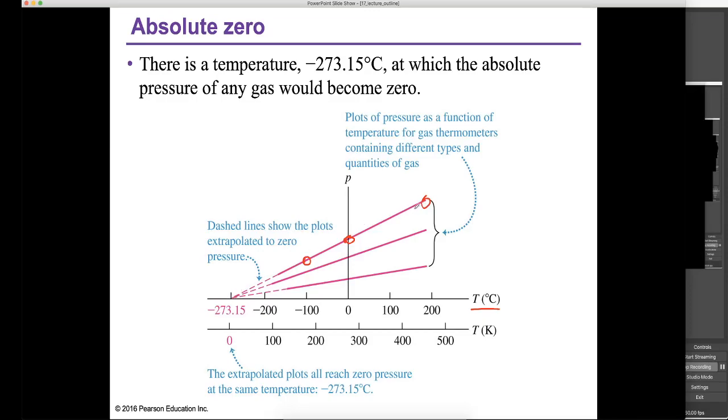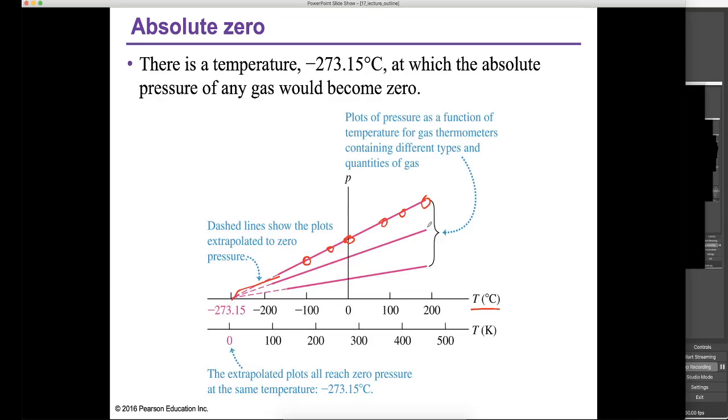However, after several measurements, you can get some points like here, here, here. If you connect them into a line, you will see it's a straight line. And finally, you can predict when this line reaches the point, that will be the absolute 0 degree.